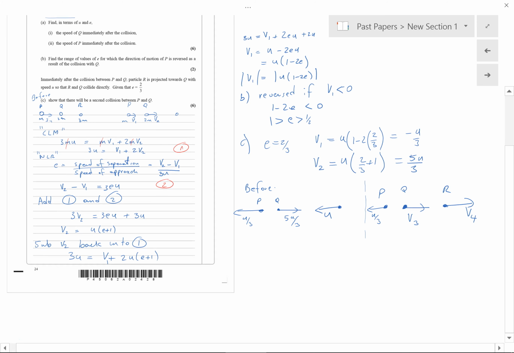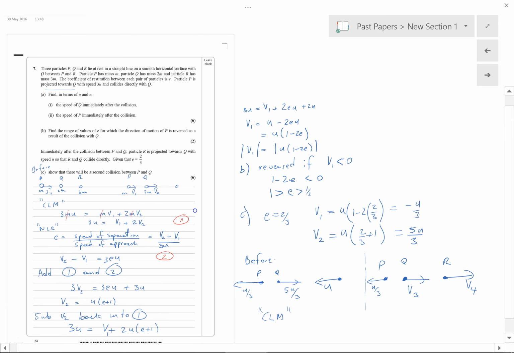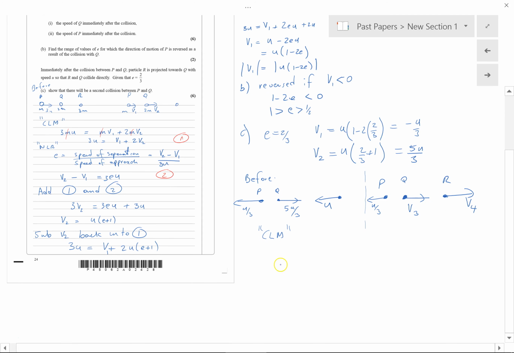So we're going to have to set up our momentum equation and all the rest of it before we proceed. Conservation of linear momentum. Remember, it's between Q and R now. Almost forgotten the masses of these things. So Q is of mass 2M, and R is of mass 3M.